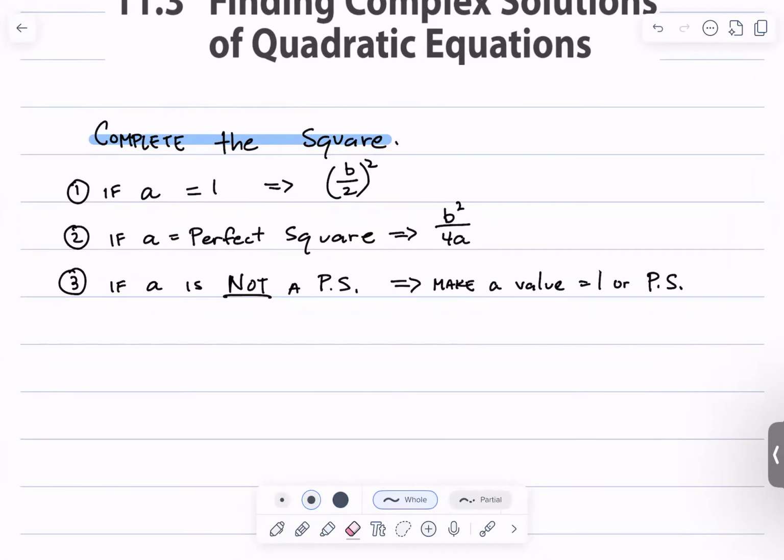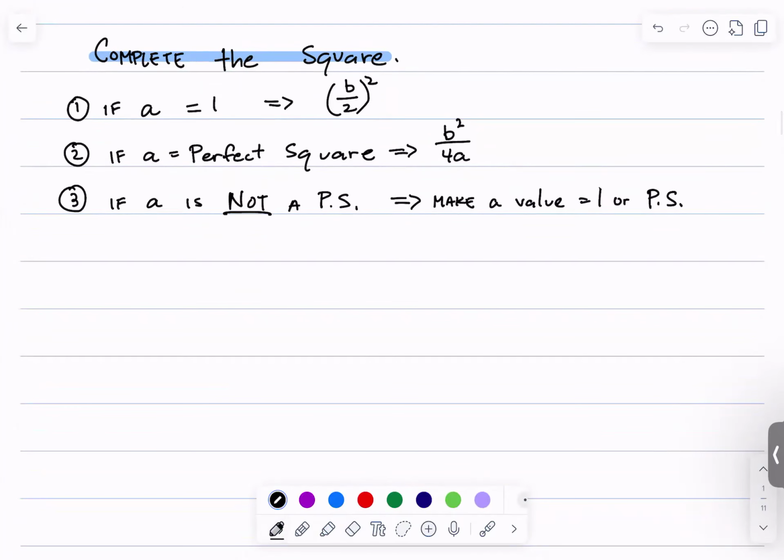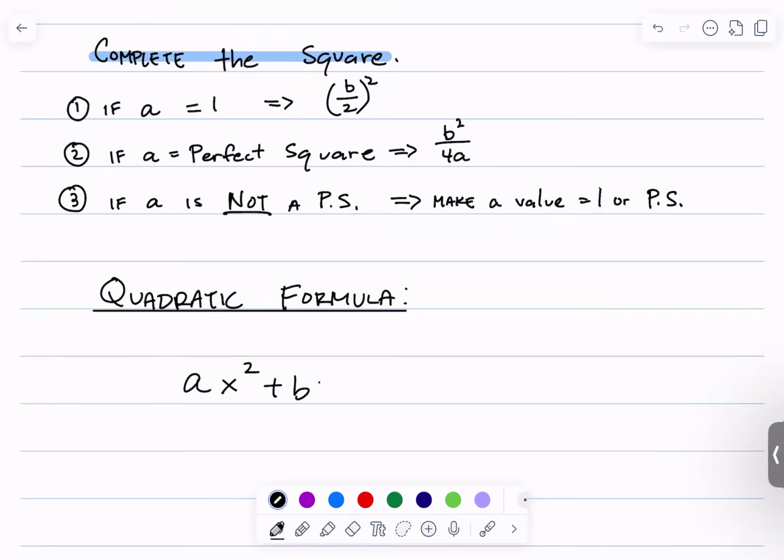With the quadratic formula, all we have to remember is the quadratic formula itself. First, you have to make sure that it's in this format, ax squared plus bx plus c equals 0.